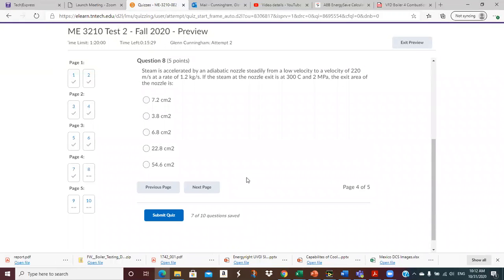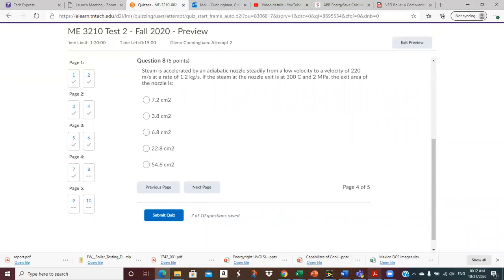Steam is accelerated by an adiabatic nozzle from a low velocity, negligible, to a velocity of 220 meters per second at a mass flow rate of 1.2 kilograms per second. If the steam at the nozzle exit is 300 degrees C at 2 MPa, what's the exit area of the nozzle?